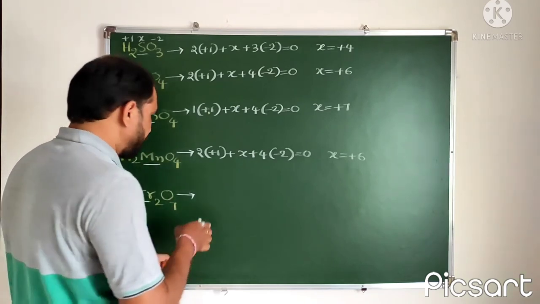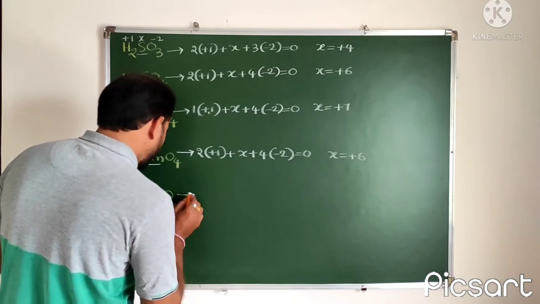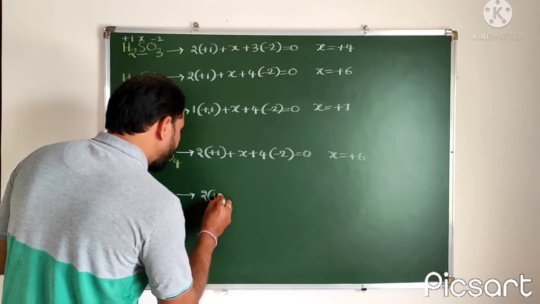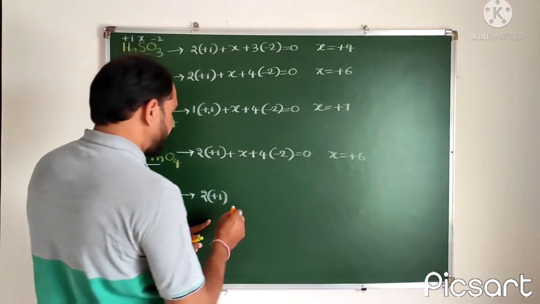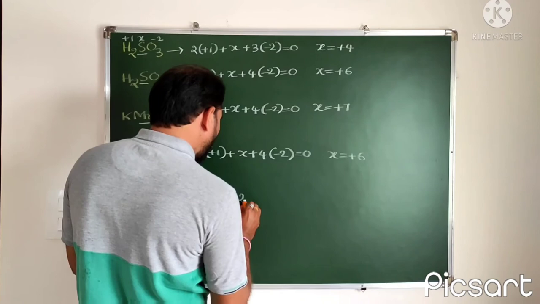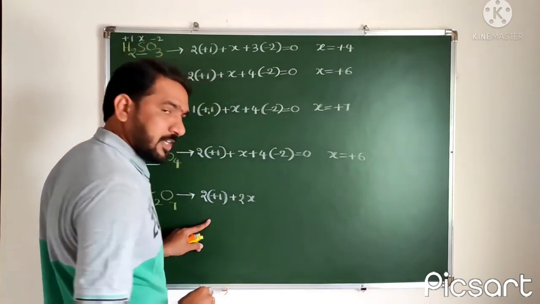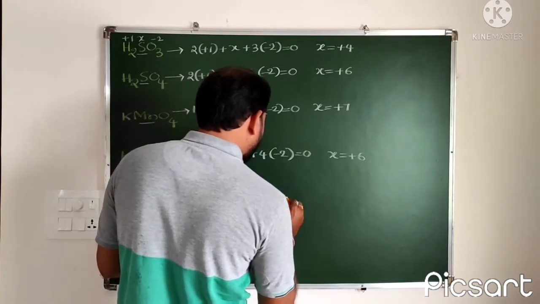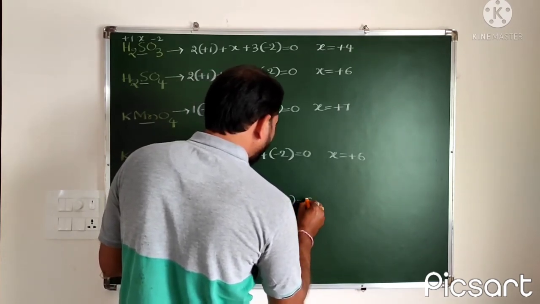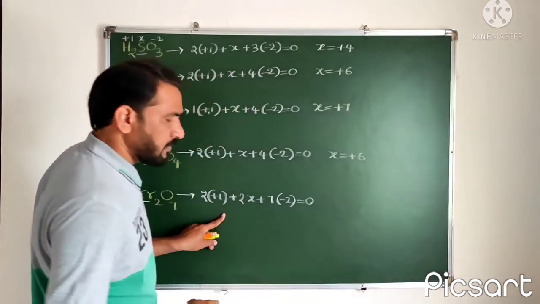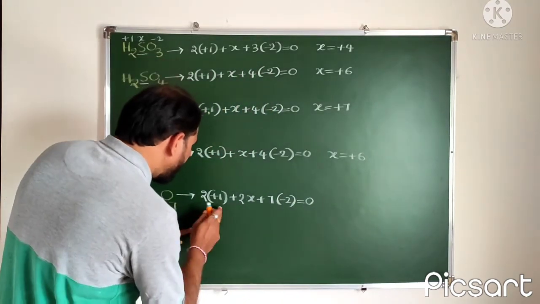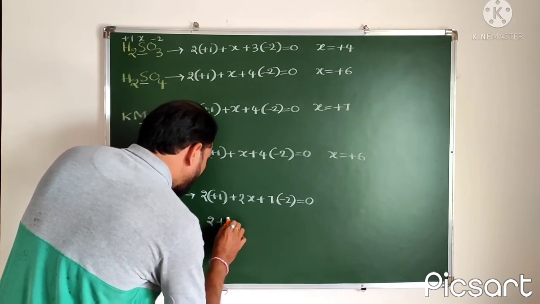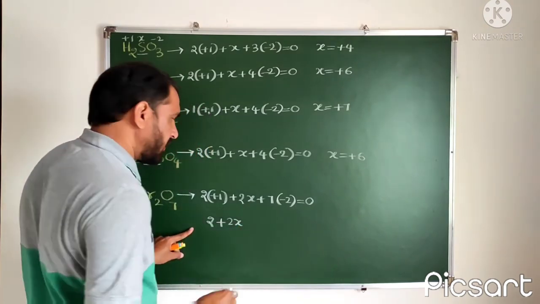Right? Then using the formula here, potassium, number 2 into its oxidation state +1. Okay? After that, number of chromium 2, each oxidation state is X, plus number of oxygens 7, each oxygen oxidation state is -2, that is equal to 0. That is 2 into +1, plus 2, plus 2X. Is it clear?